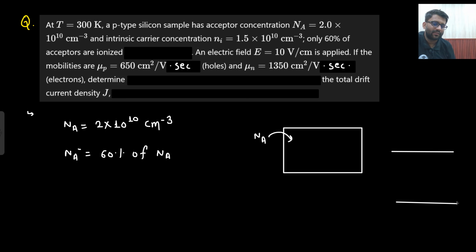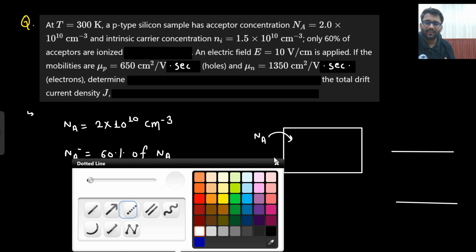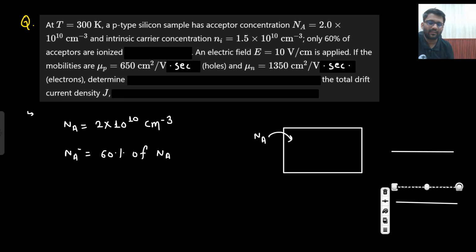What does that actually mean? This was your valence band, this was the conduction band, and this was the acceptor energy level. Let's just say I did the doping of 10 acceptor atoms only. So 10 acceptor atoms will give me 10 holes.